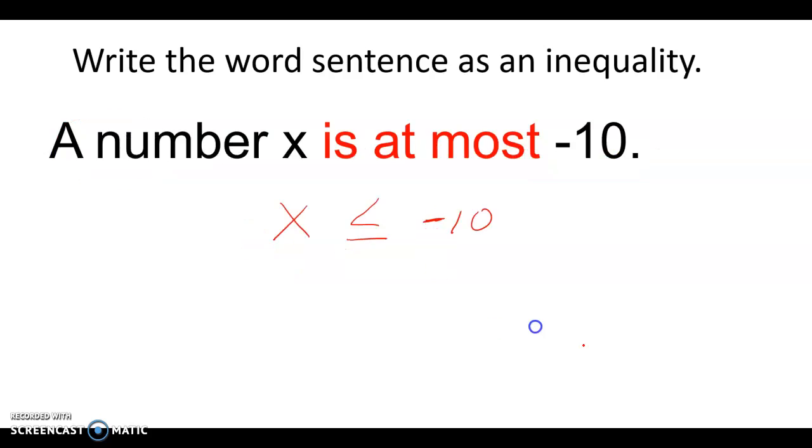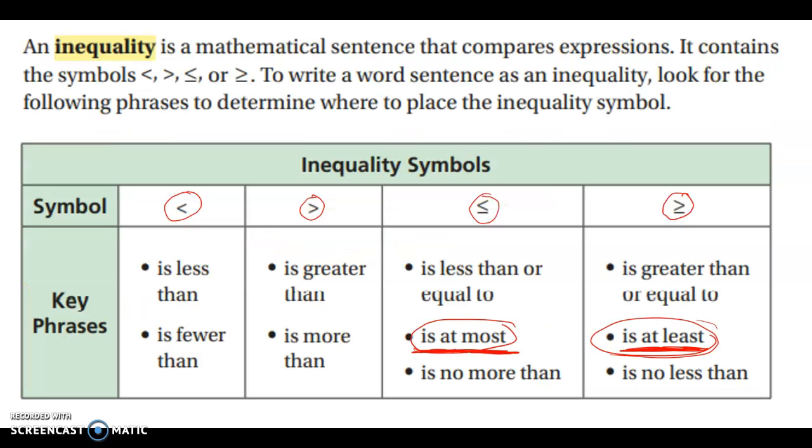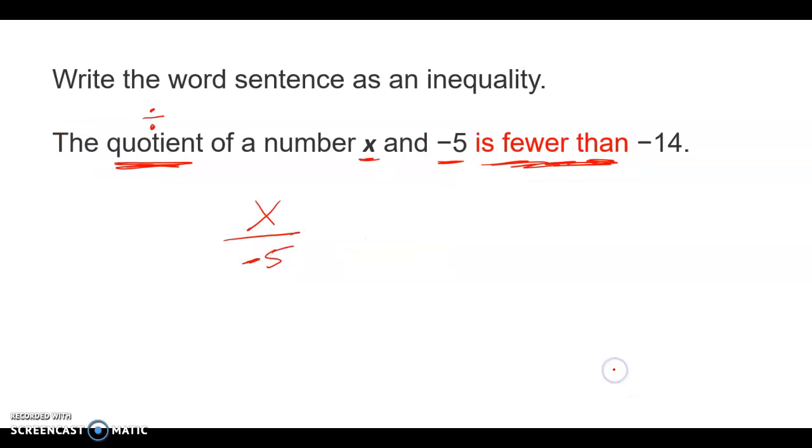If I go back to this chart, "is fewer than" is right here. So that's the less than symbol. So I'm going to put less than and then -14. So that is my inequality written out.